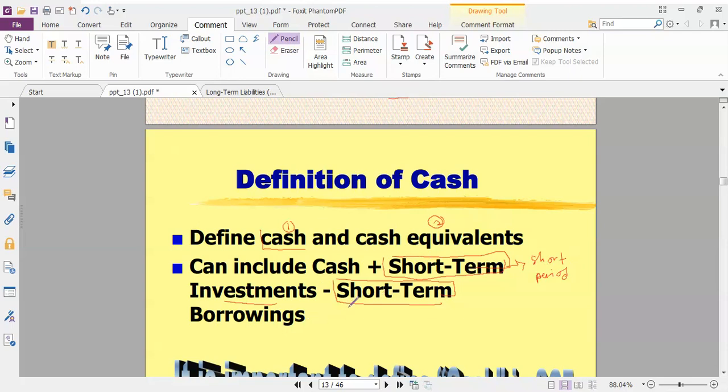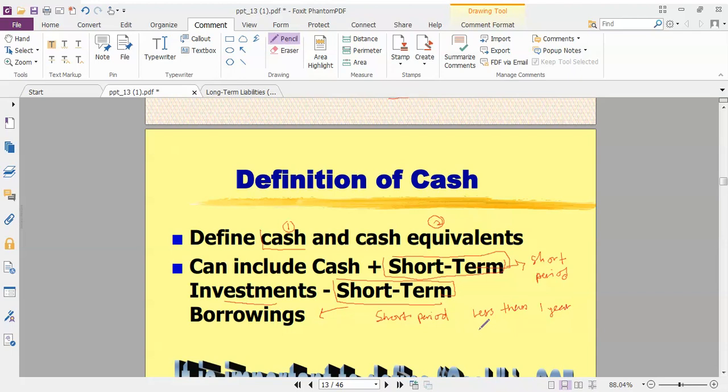For borrowing, we borrow money from a financial institution, and short term also means a short period, for example, less than 1 year.